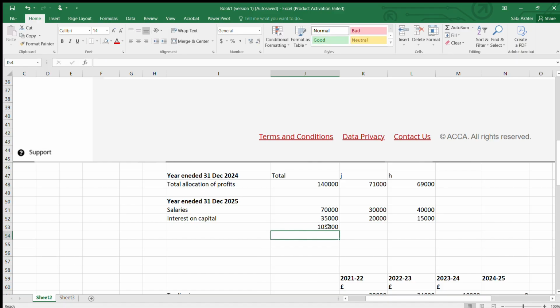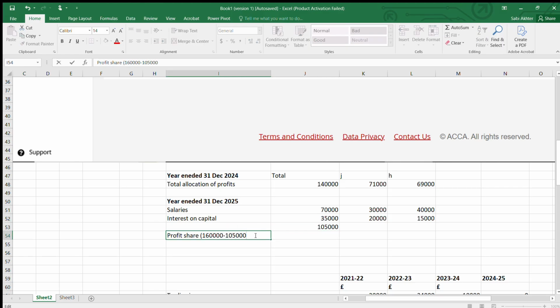Now the profit share. So the profit share, when you do it, it would be 160 minus 105. The total is 55,000.